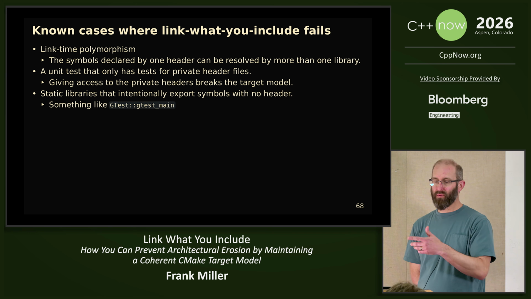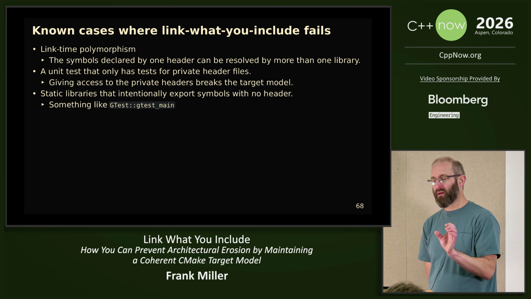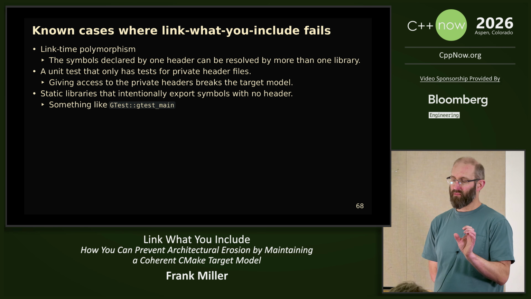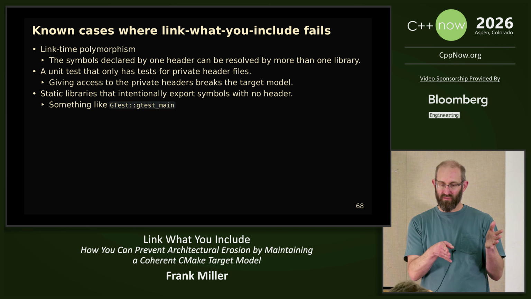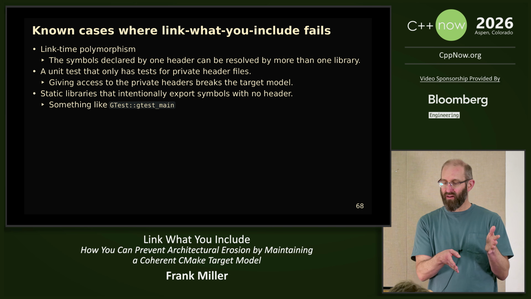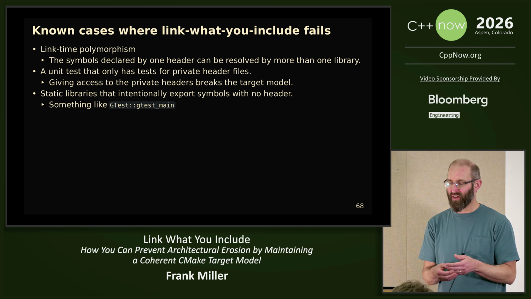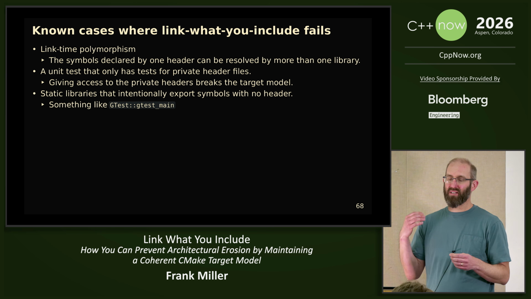Okay, so another example of where this falls down is when a unit test only has tests for private header files. In order to allow a test executable to write a test for a private header, you've got to give it a backdoor access to those private headers, right? And that sort of breaks the model a little bit. This isn't a huge problem.